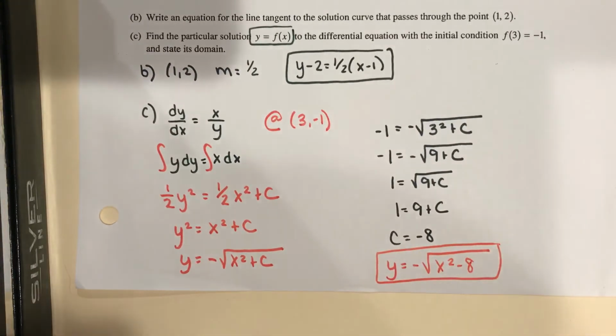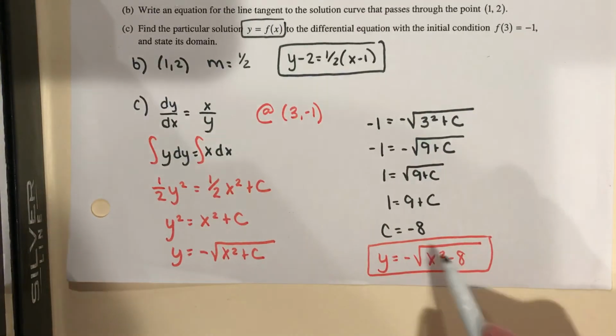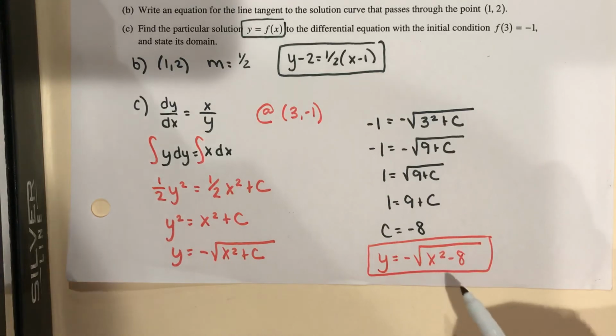Now, this one has a little extra part to it because it says state the domain, and we haven't really had to do this yet with a differential equation. So if I look at this, I want to think about where this doesn't exist. I know I can't have a negative under a radical, so I have to think, what number would give me 0, and then I can't have anything less than that.